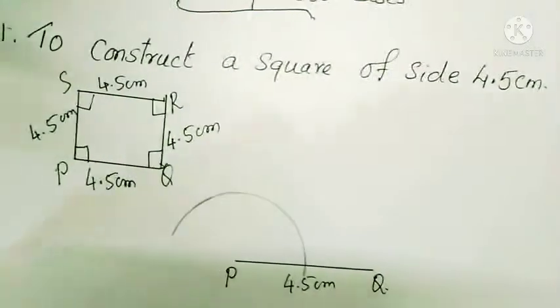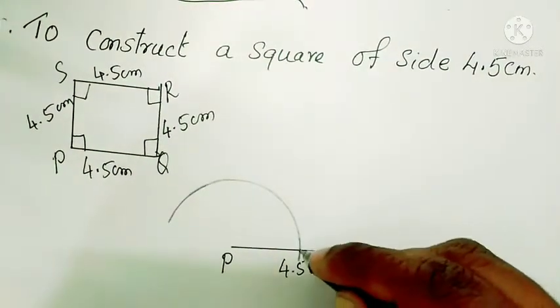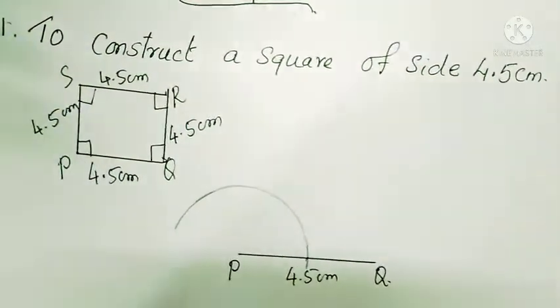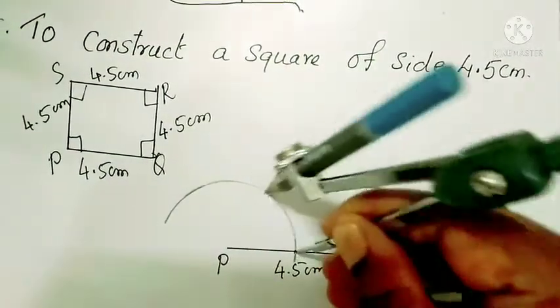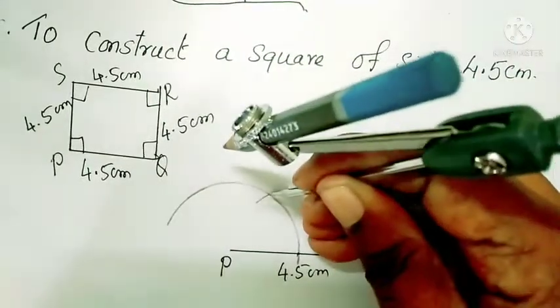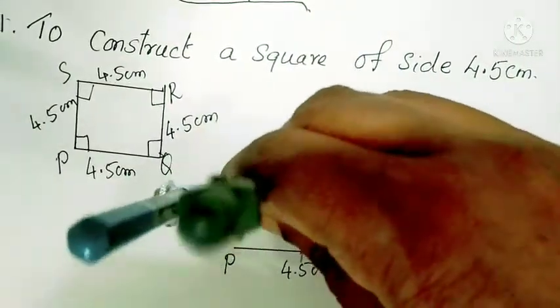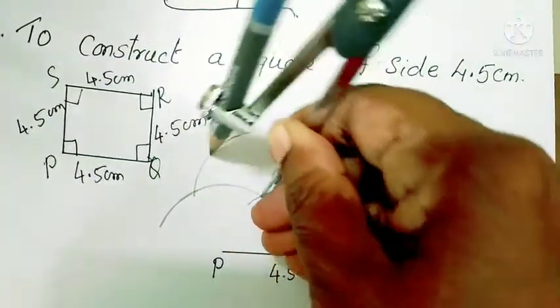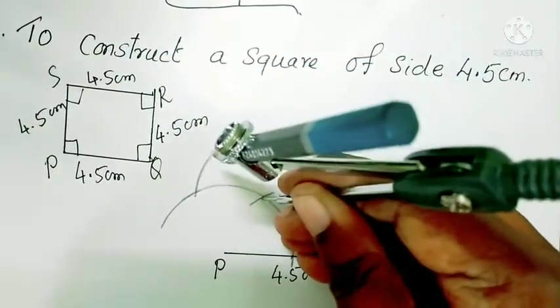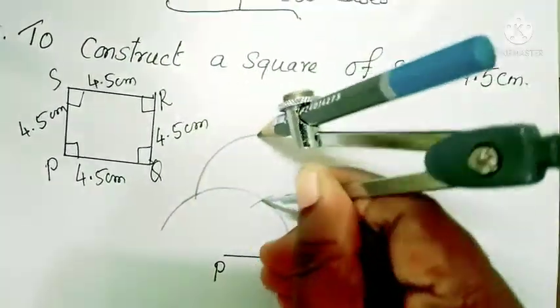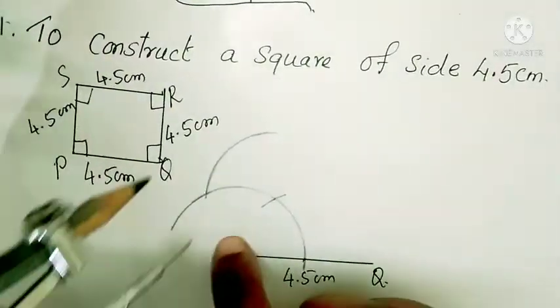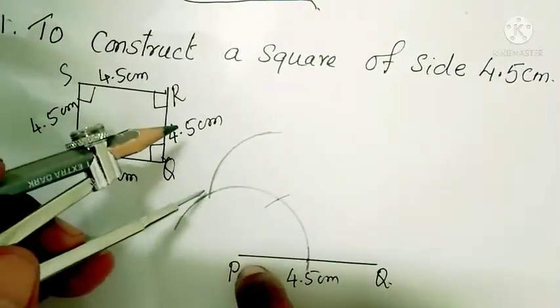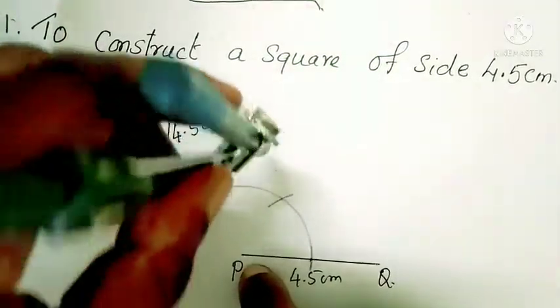Wherever the arc met, you can mark a point if you forget. Now take the same distance once, so you get 60. The second time, draw a bigger arc, a little bit longer arc.